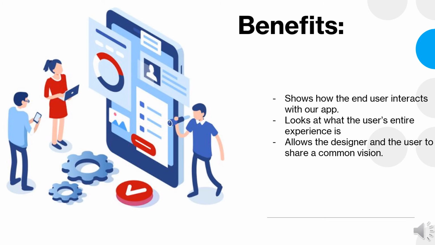And last but not least, it creates a shared vision and a way to communicate between the designer and the user, because the designers would design the system, and then they would get the feedback from the end users, and by that they both share a common vision, and at the end of the day, they will create something that will be beneficial to both parties.